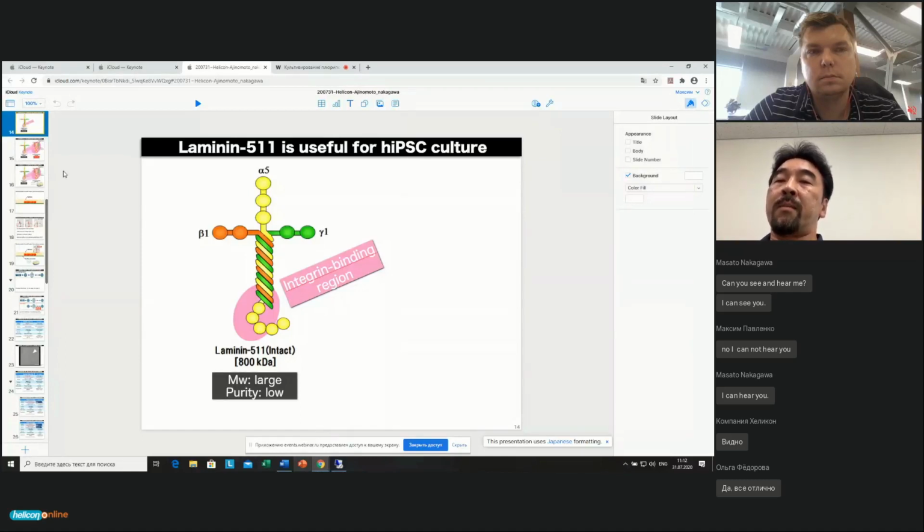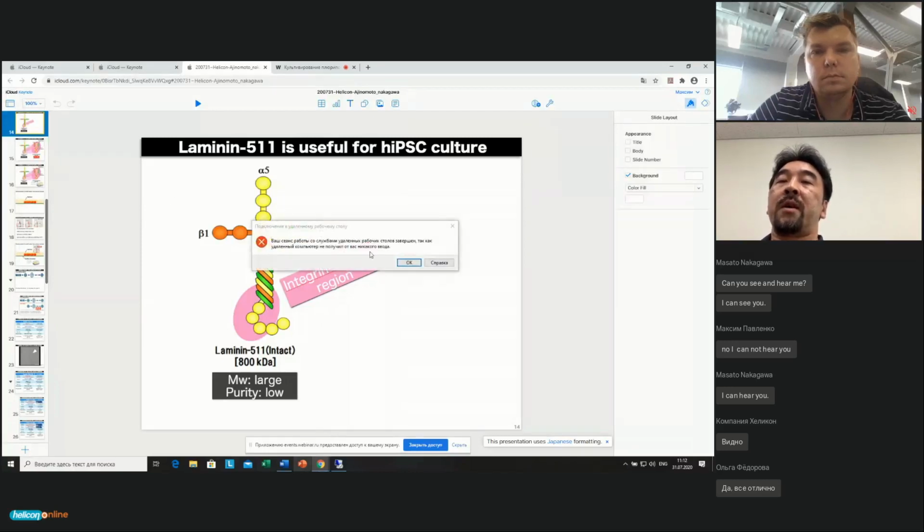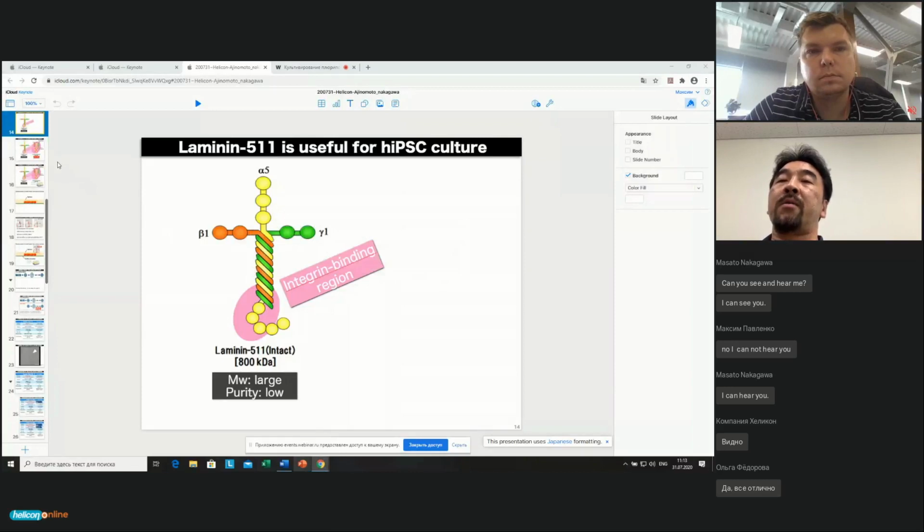Recombinant protein can also be purified, but the purity was very low, so we thought this recombinant protein is not good for our purpose, future clinical application. The pink colored region is the integrin binding region in the laminin 511 protein.